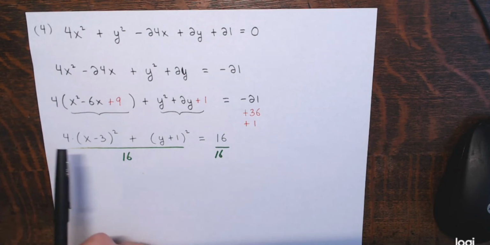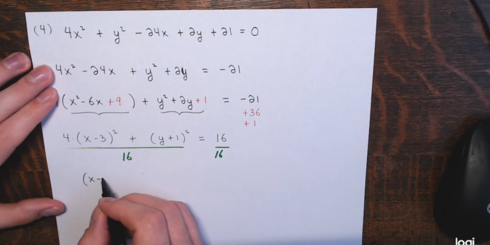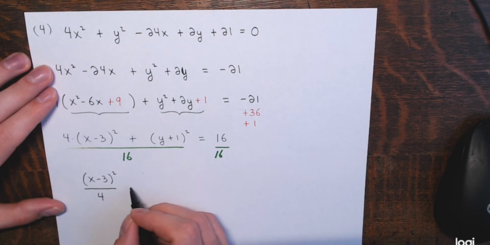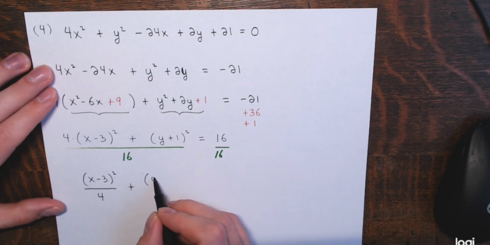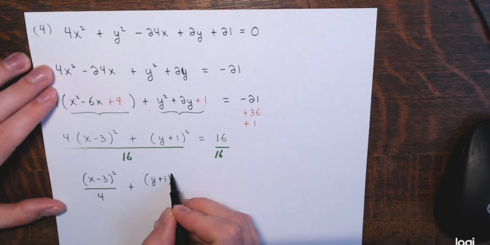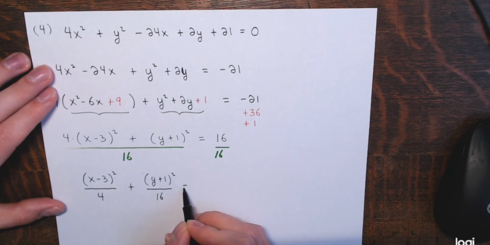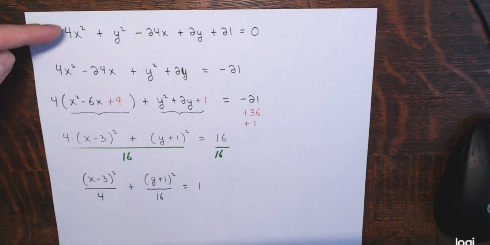And 4 goes into 16 4 times, so this first term becomes x minus 3 squared over 4 plus, and then there's nothing to cancel in the second term, so you have y plus 1 squared over 16 equals 1. So there's the same equation in standard form.